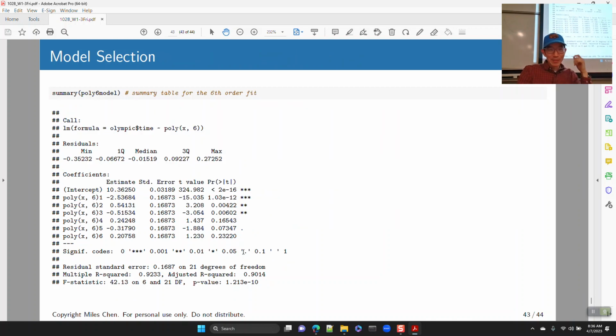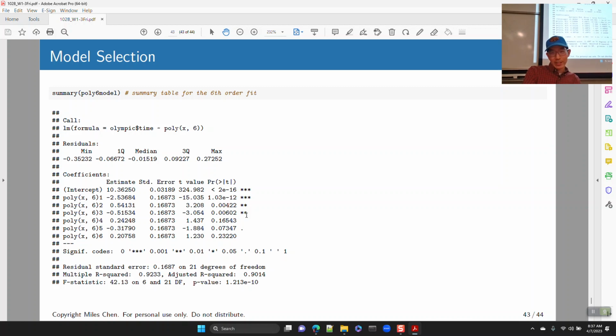And if I try to fit this sixth order model, I look at these stars. What is the p-value for each of my coefficients? I've got a star for the first column, second column, third column, but then no more stars for the fourth, fifth, and sixth. I go, okay, we don't need these ones because the p-values associated with these terms are not low.